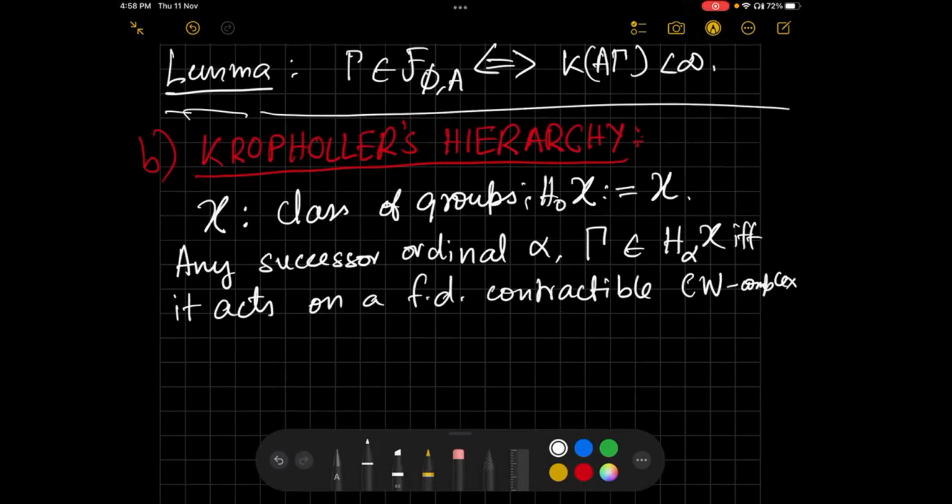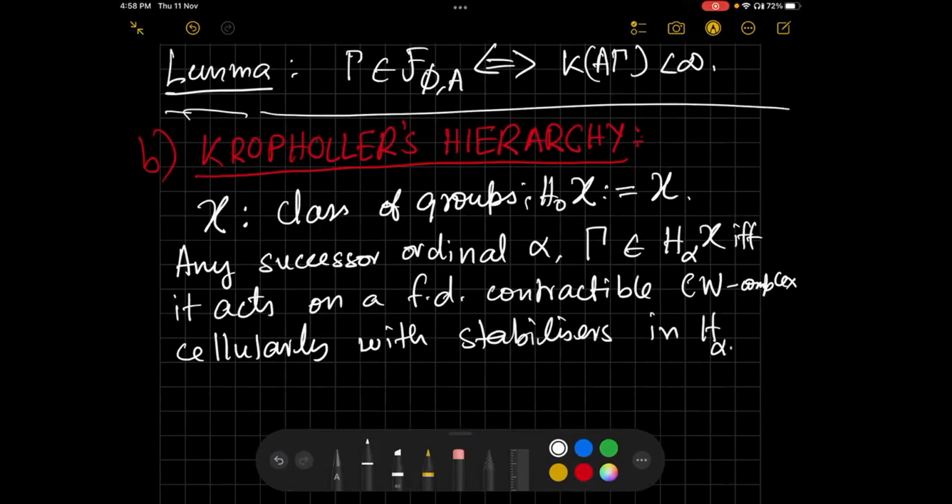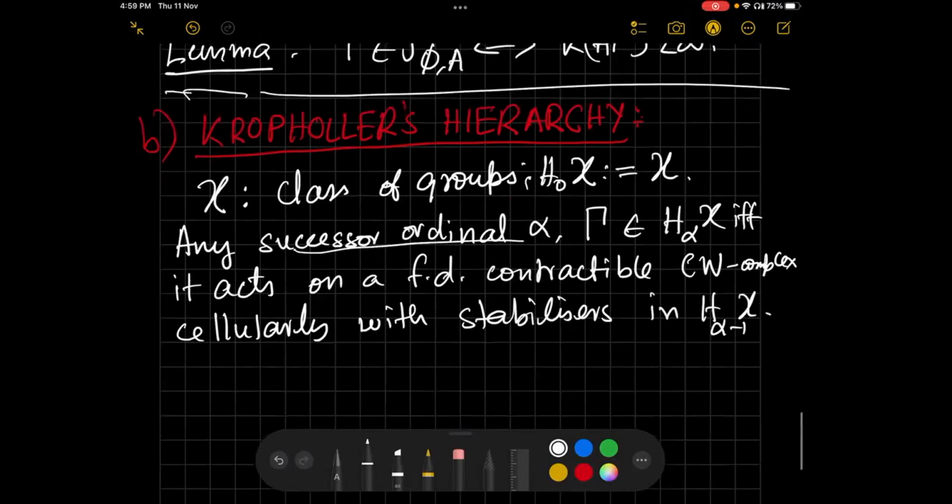Again, I just mean a permutational action essentially, permuting the cells, with stabilizers in H alpha minus 1 x. I can say alpha minus 1 because I said successor ordinal.